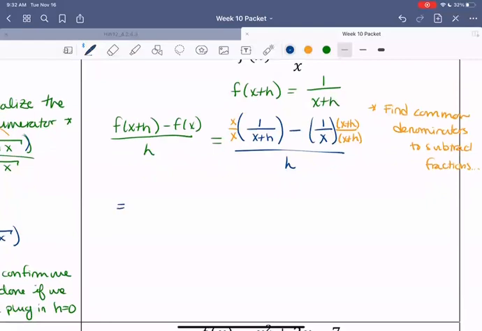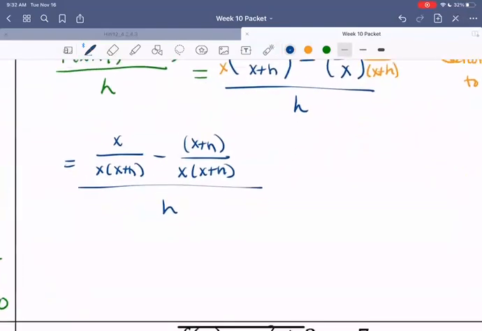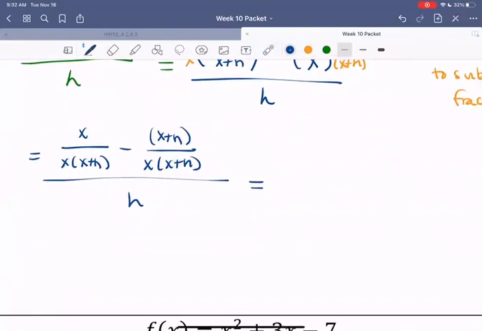So let's continue and see what that would look like. We have x over x times x plus h, minus x plus h over x times x plus h, all over h. Now the fractions in this numerator have the same denominator, so now we can combine numerators.